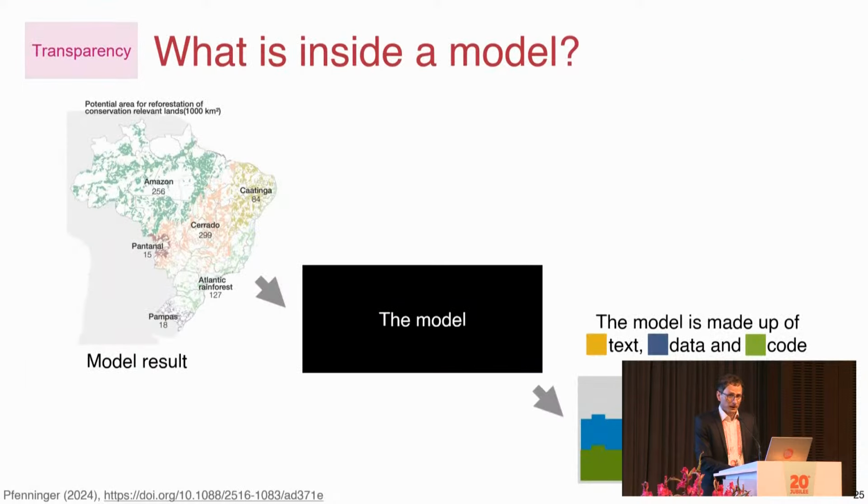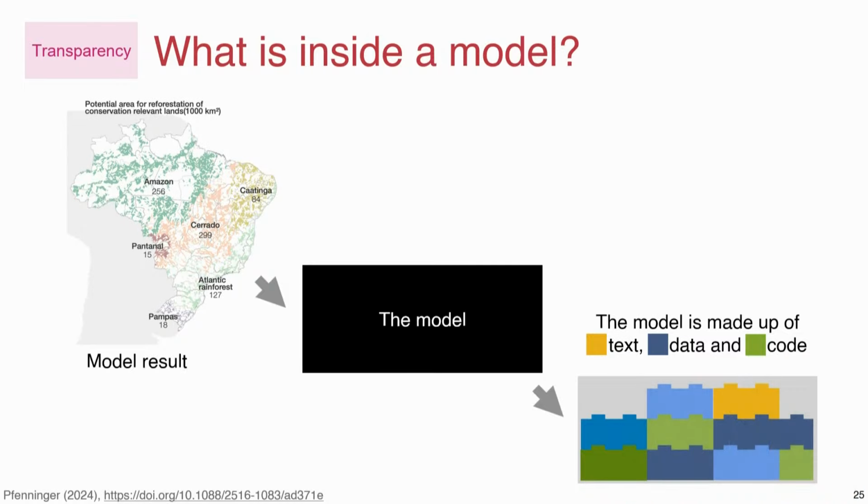Okay, so let's also talk a little bit more about this transparency. So I showed you this example earlier, the study on Brazil, and that's a model result, right? This map here is a result coming out of a model. And we can look at this model, and then we can try to peer inside the model, and we can see that, well, okay, this model is made up of some data, it's made up of code, maybe a little bit of text, some explanation, some documentation, and so on.